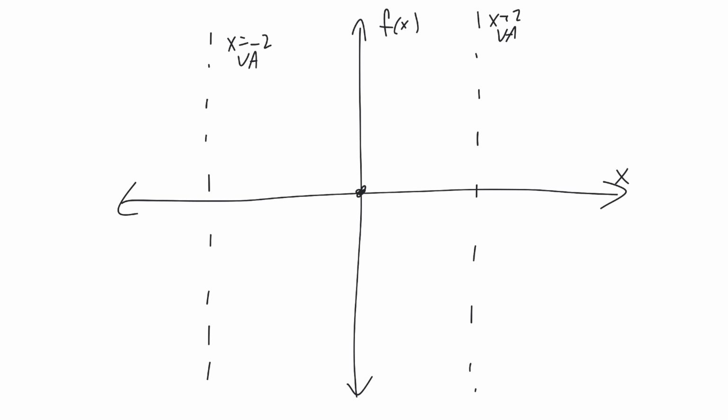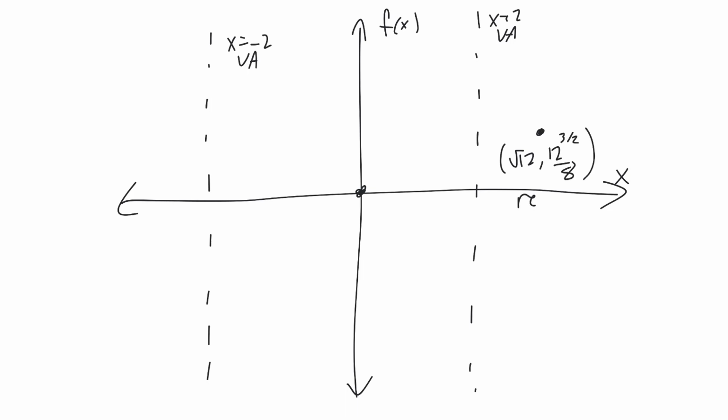Then we've got our points for the rel min and rel max. Now these are a little tricky. But we know that at x equal to root 12, which is a little bit to the right of 2, we've got ourselves a point at 12 to the 3 halves over 8, which is a positive number. So roughly, something like that. And just label it. Root 12, comma, 12 to the 3 halves over 8.